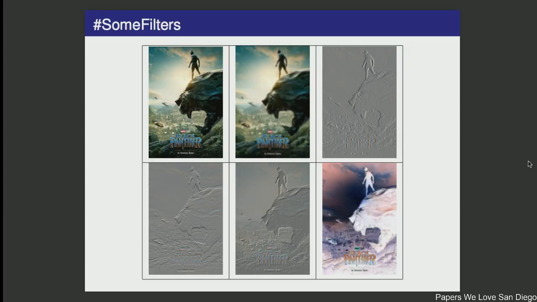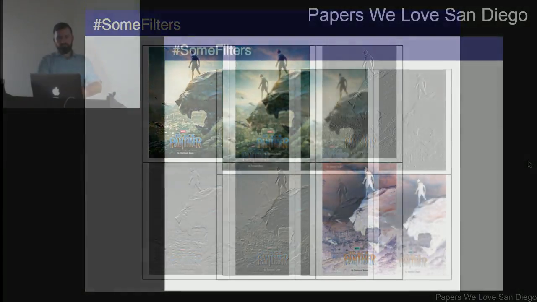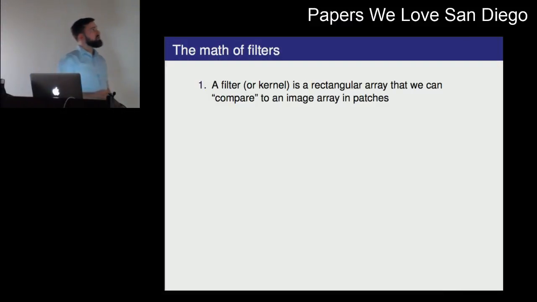Okay, so I want to talk about a little bit of the mathematics behind what produced these images. So first, just some terminology. A filter, which is also known as a kernel in the literature, is just a rectangular array of numbers that you can compare, in a way that I'm going to define in a moment, to an image array in patches. Our images are going to be stored as an array of numbers, usually pixel intensities between 0 and 255.